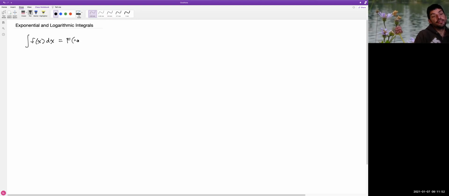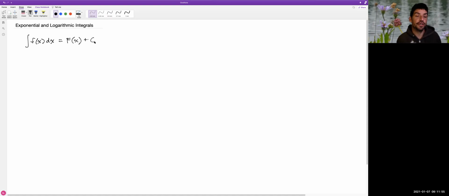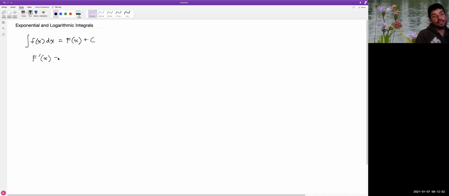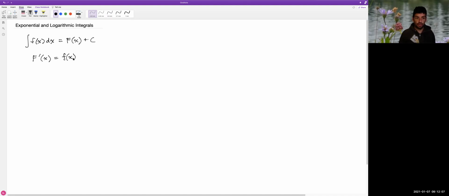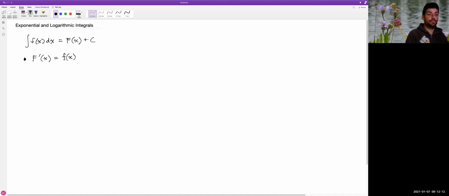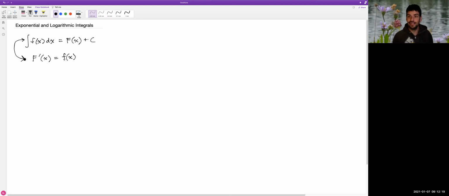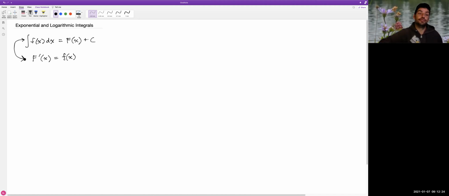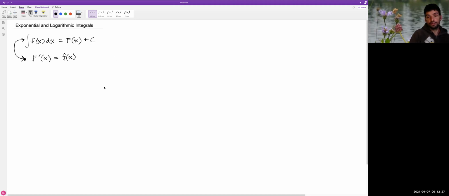So if I tell you that this is equal to some function plus a constant, what I can say equivalently is that this means that the derivative of the thing I came up with is equal to the integrand, the function we started with, right? And so if we happen to know this relationship, it gives us this one, right? Like we should really have arrows in both directions. Either one of these implies the other one. So we're going to leverage some derivative rules we know to create some antiderivative rules, okay?